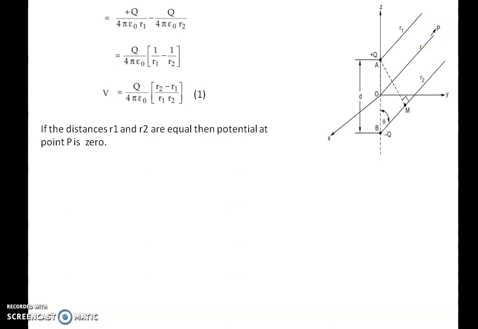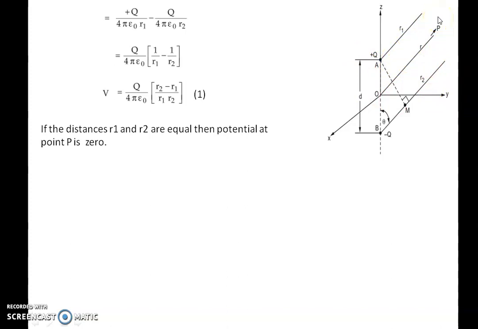If the distance is very large, then these three lines, that is the line joining A and P, the line joining origin and P, and the line joining B and P, will be considered as parallel, because they almost look parallel. If the line length is very large, then at this position they will look like parallel lines.